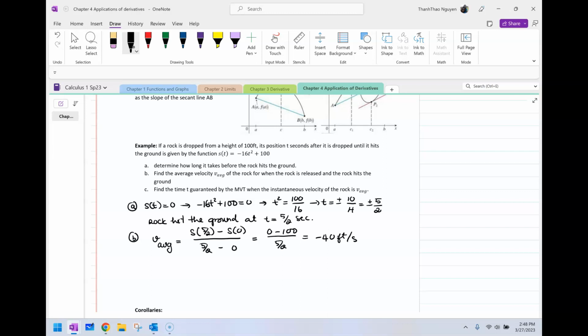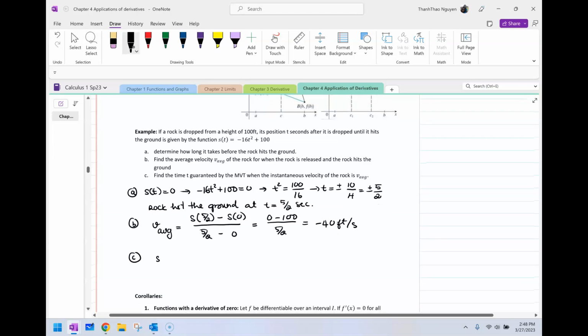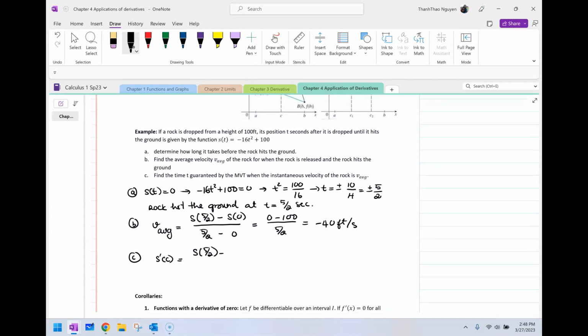Now we want to use the mean value theorem to find the instantaneous velocity of the rock. We want to find the time that will guarantee that the instantaneous velocity is the same as the average velocity. Well, we can do that by noting that we want s prime of c equal to s of 5 over 2 minus s of 0 divided by 5 over 2 minus 0, and we want this equal to negative 40.